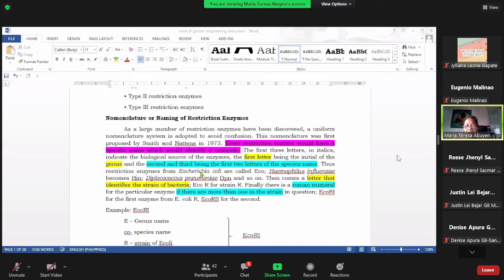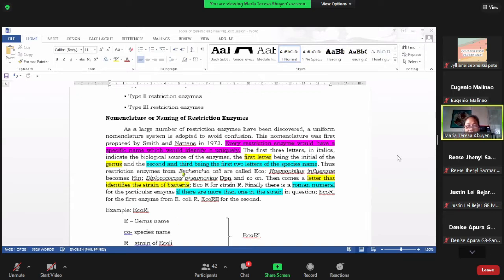So in the restriction enzyme EcoRI, the first letter E comes from the generic name of the bacterium, Escherichia coli.